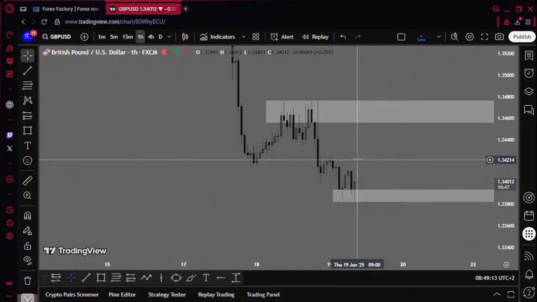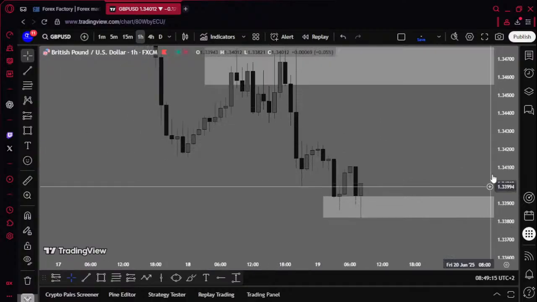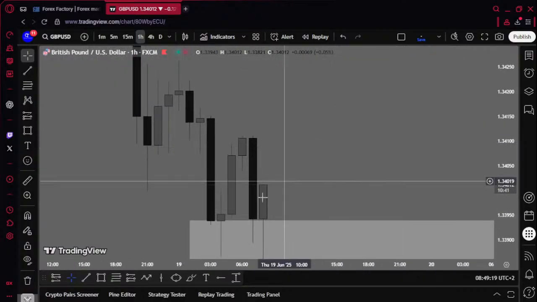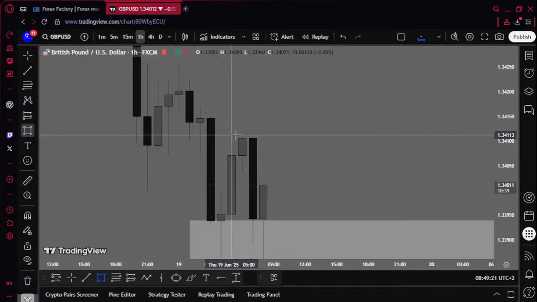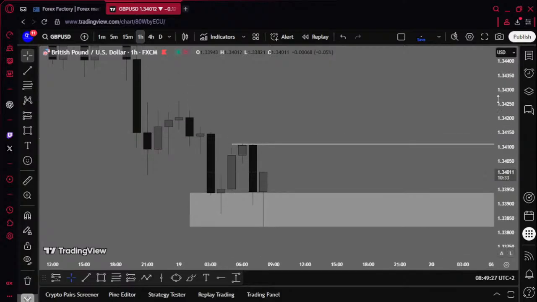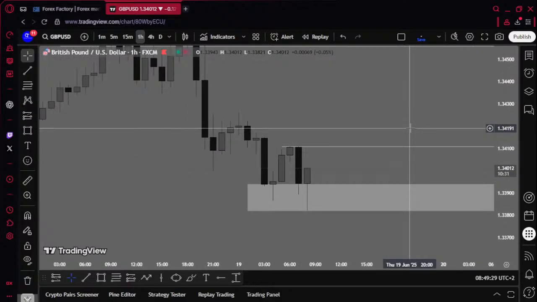It could, possibly today. If we don't get any movement in the market today, we could see a consolidation range, which could result in the bottom of this downtrend, and we could start seeing an uptrend for GBPUSD.